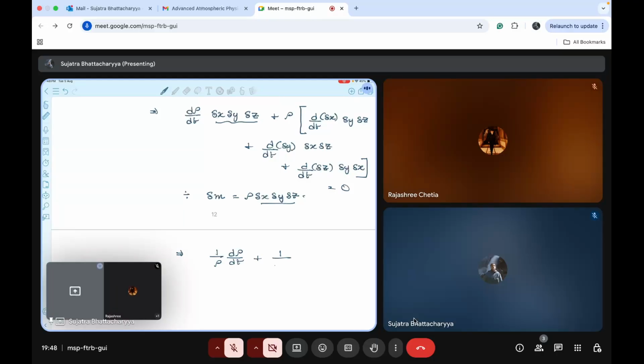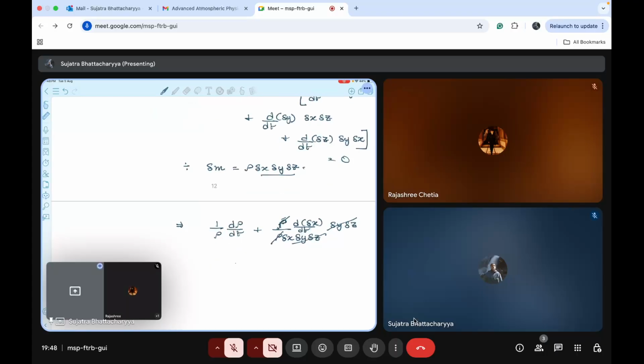Okay, fine, so let's write it. Better is to write: rho delta x delta y delta z, d of delta x by dt into delta y delta z. So delta y delta z goes, rho goes, plus rho d/dt of delta y divided by rho delta x delta y delta z.